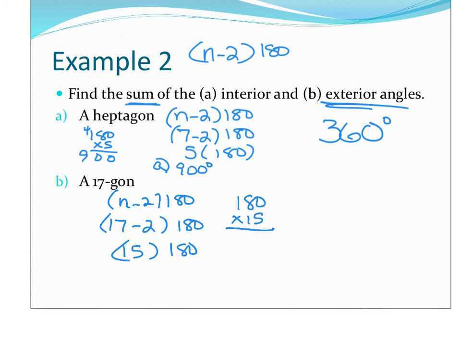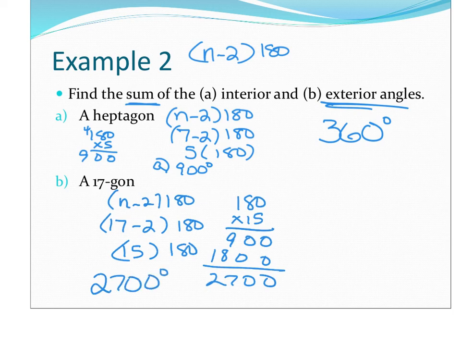And I get 2,700. So all 17 angles, when I add them up, will add up to be 2,700. For the exterior angles, you memorize that no matter how big that polygon is, all exterior angles will always add up to be 360 degrees.